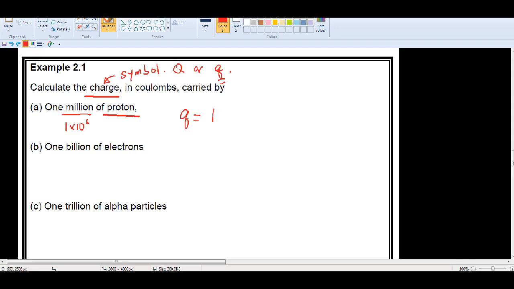Million in scientific notation, we usually use big M. So that's million, and that will be 1 times 10 to the power 6, times e. If you use your calculator correctly, it will give the answer in coulombs.